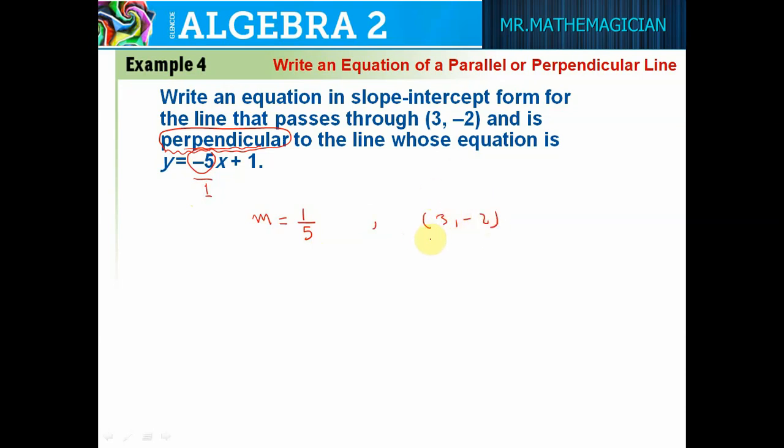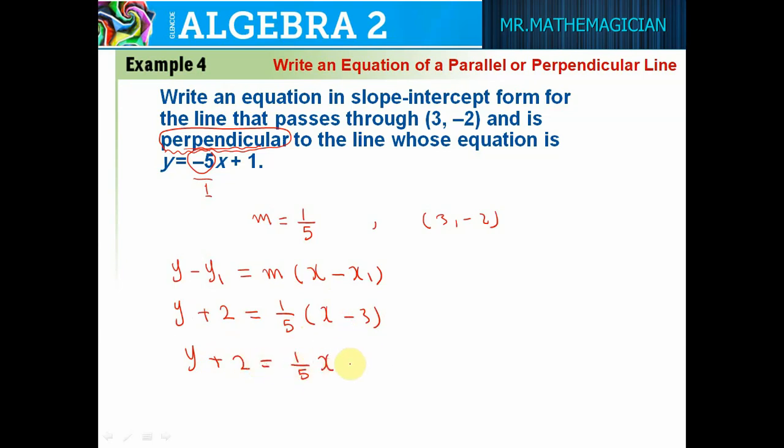So it's better to start with the point slope form. y minus y1 equals m times (x minus x1), and this will be y plus 2 equals 1 over 5 times (x minus 3), distributed, so y plus 2 equals 1 over 5x minus 3 over 5.